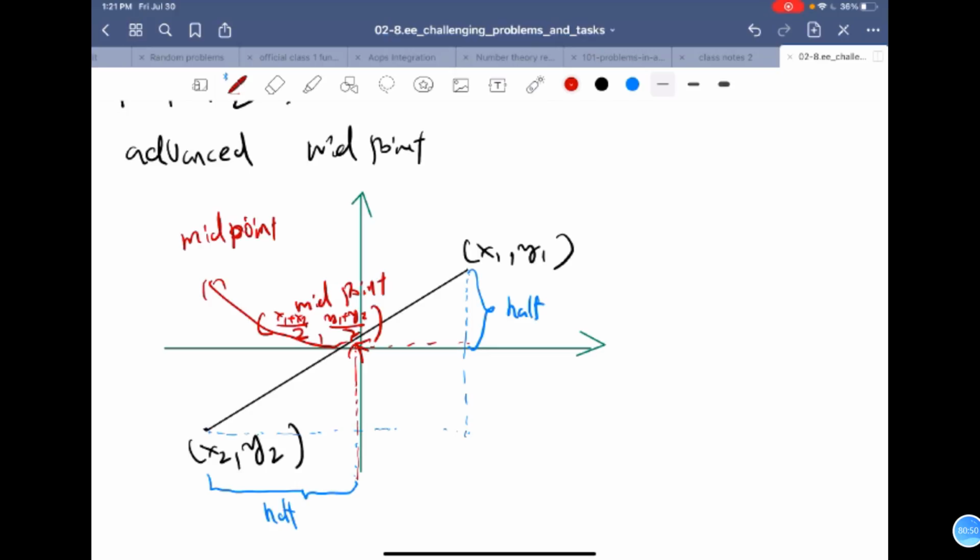I'm just basically saying that you have x2, y2, x1, y1, right? When you take half of the horizontal distance, you have here. And when you take half of the vertical distance, you get here. And then you just extend it and you intersect at a point.